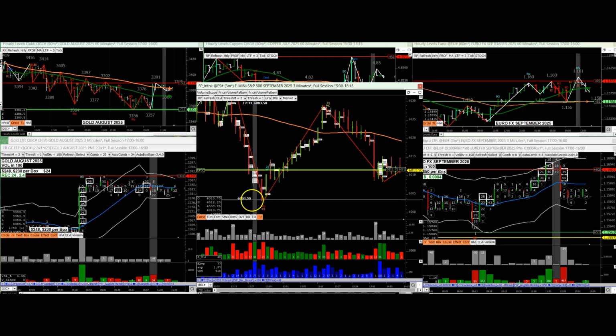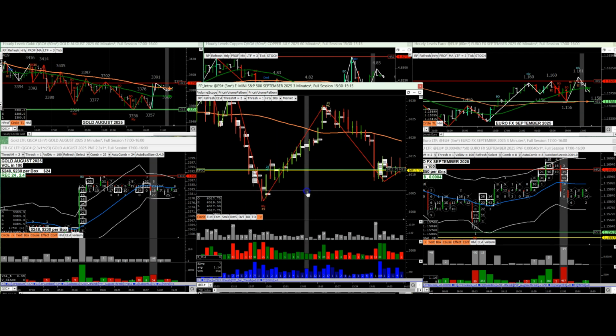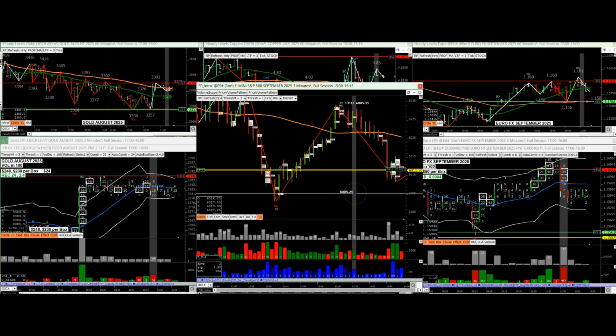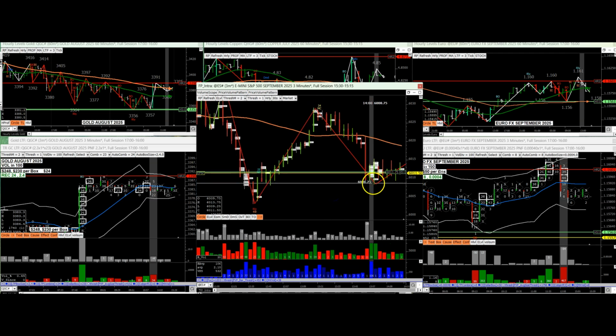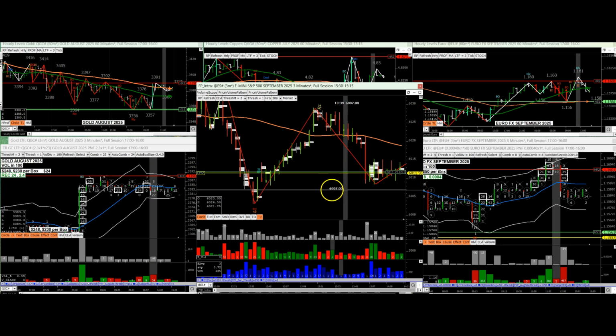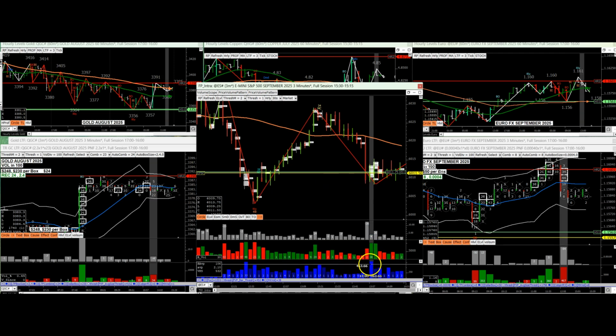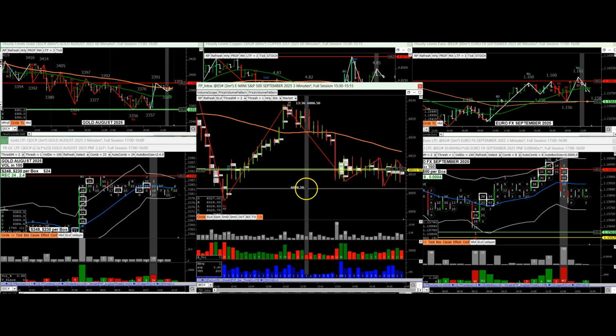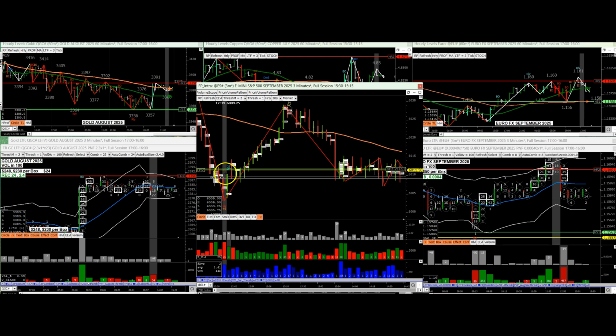And now I'm going to show you. So you will see at the turning points that this increases very significantly. I'll give you the case here where ES was pulling back, ding, ding, ding. So I want to see it go into this demand zone, and I want to see the volume.